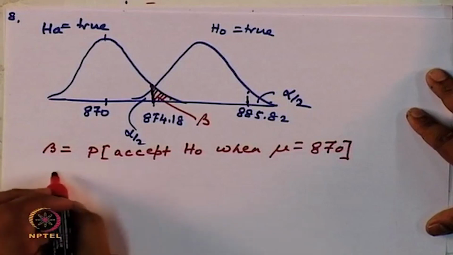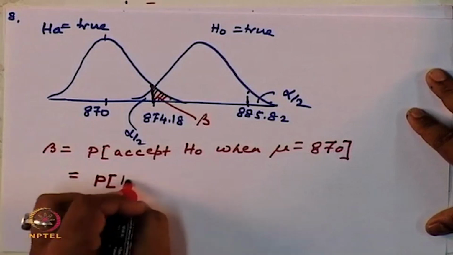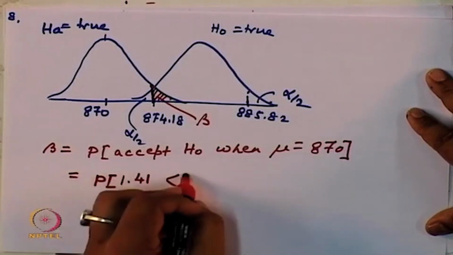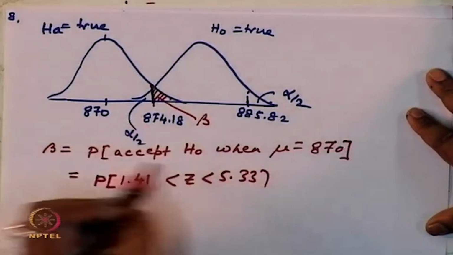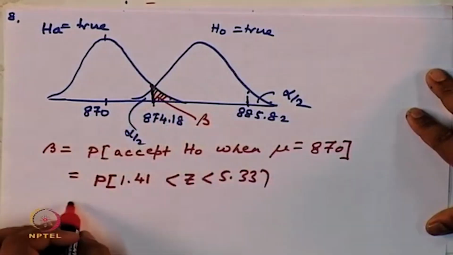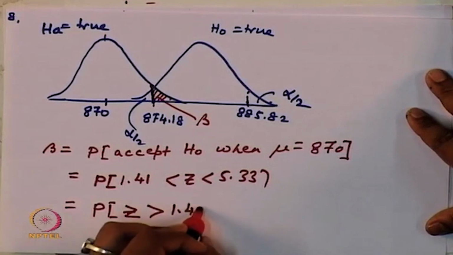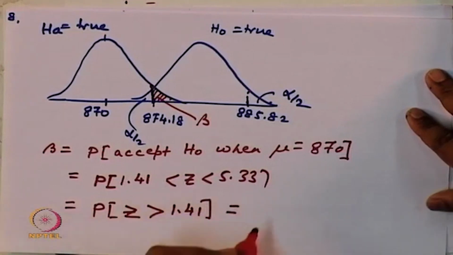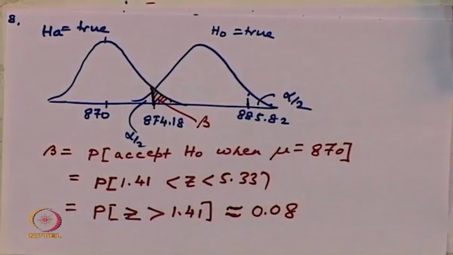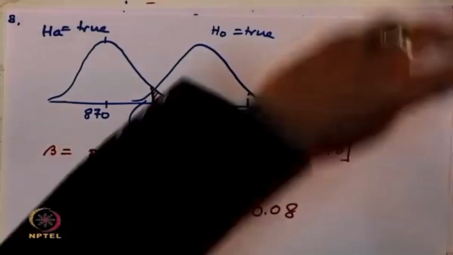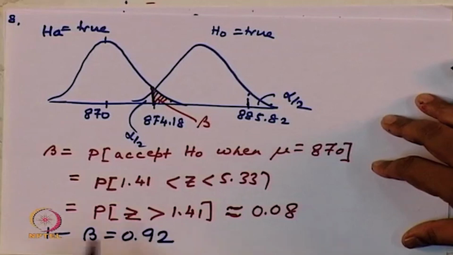So, my beta is equal to the probability of 1.41 less than Z less than 5.33. Now, 5.33 is way too far from here. So, for all practical purposes I can write probability of Z greater than 1.41, and this probability comes out to be roughly 0.08. Then 1 minus beta is 0.92.